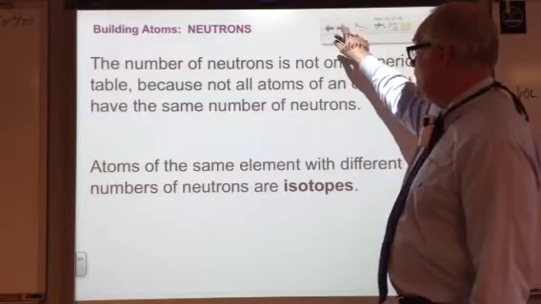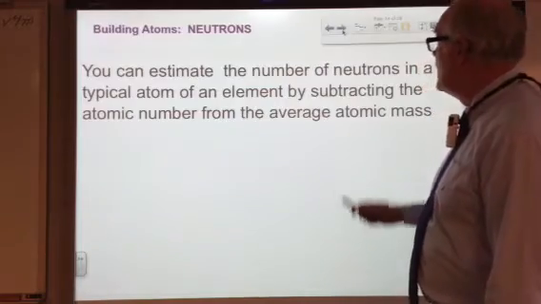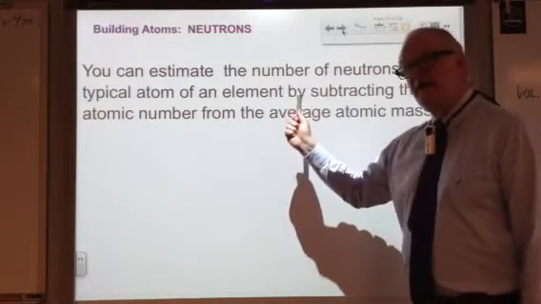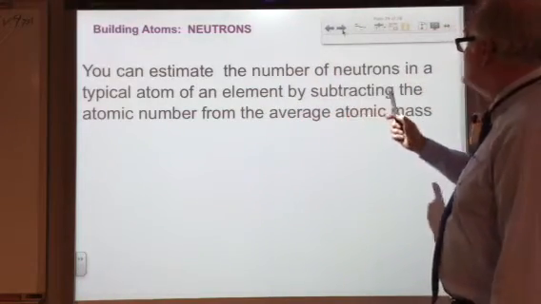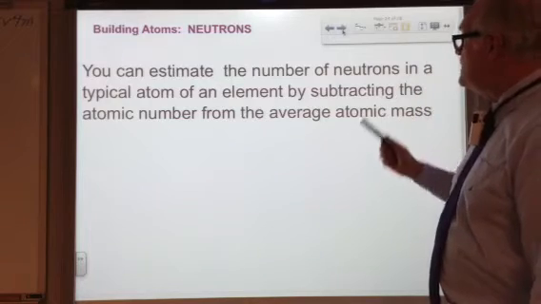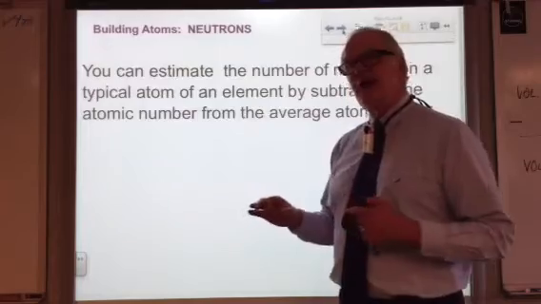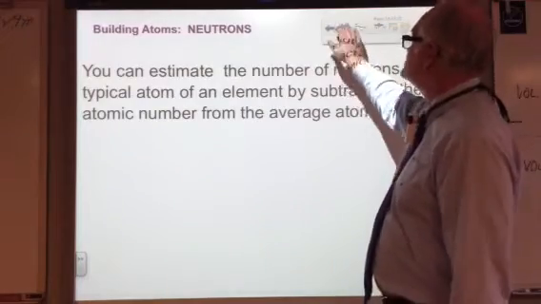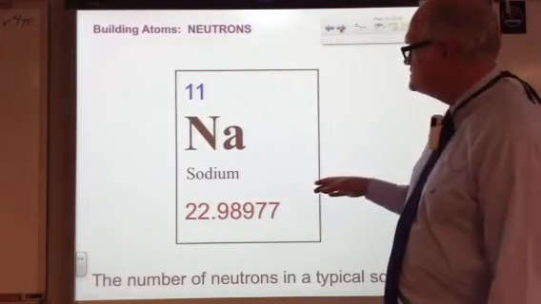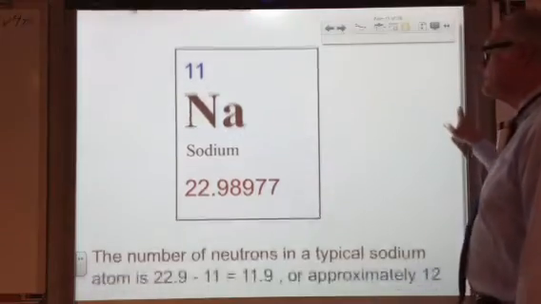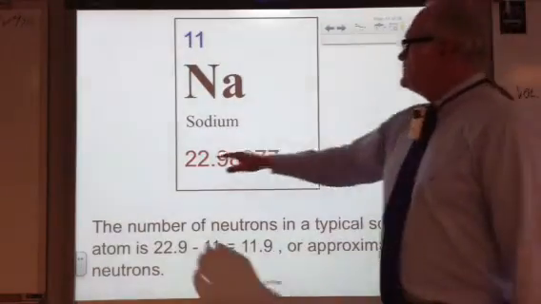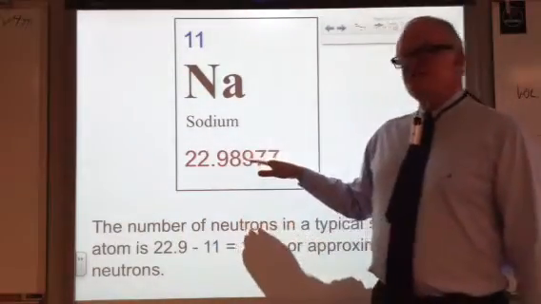So how are we going to know how many neutrons are in an atom? Well, we can estimate it if we take the atomic number of an element and subtract it from the average atomic mass. So here's our information for sodium. Here's the average atomic mass of a sodium atom.